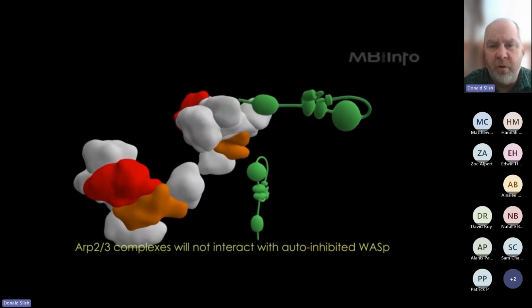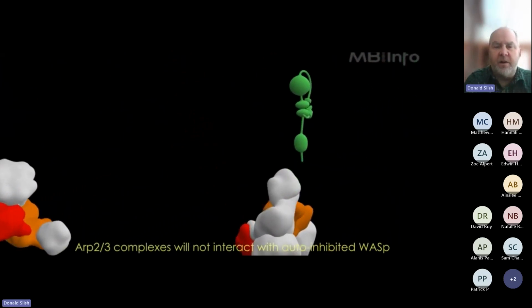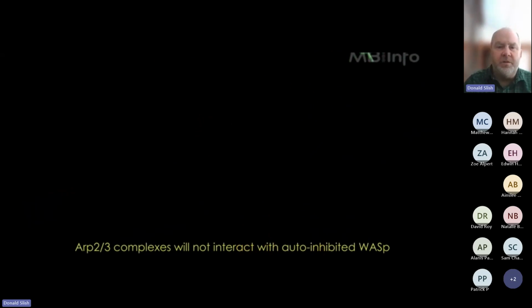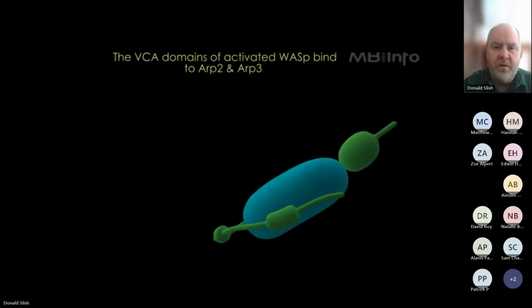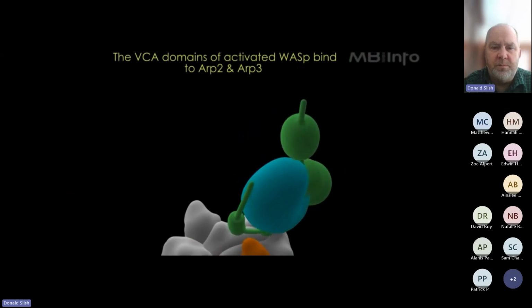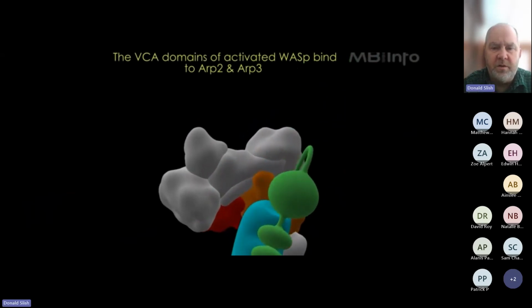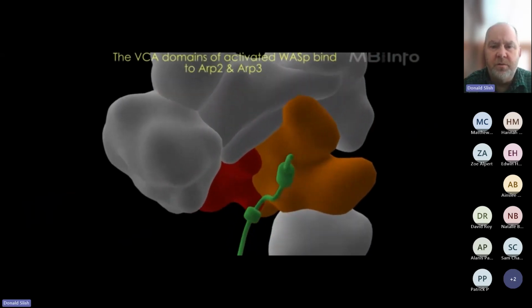Okay, so this is showing when it's not activated, it doesn't interact with ARP2/3. When CDC42 comes along now, boom, exposing that domain, which then binds to ARP2/3.